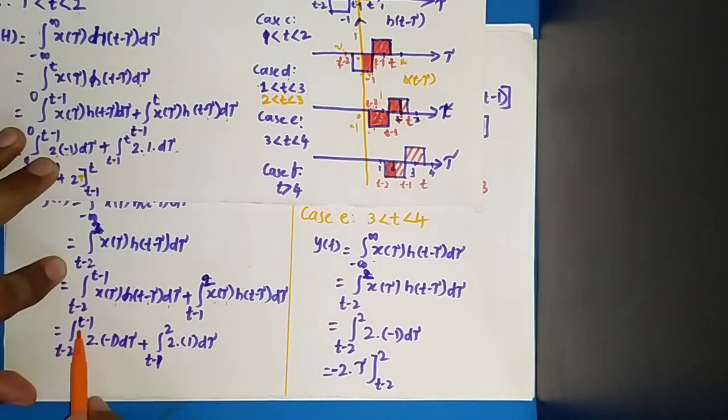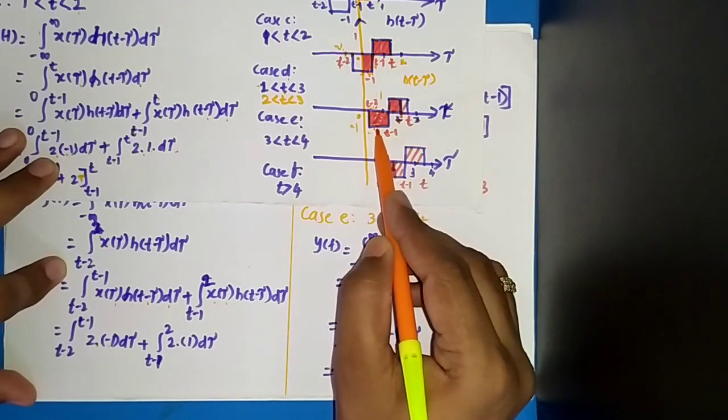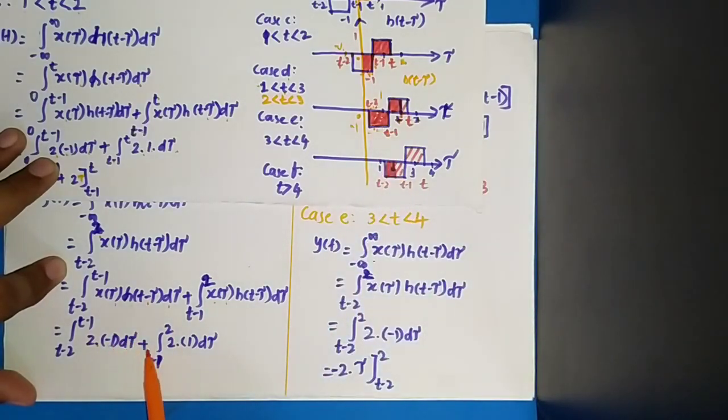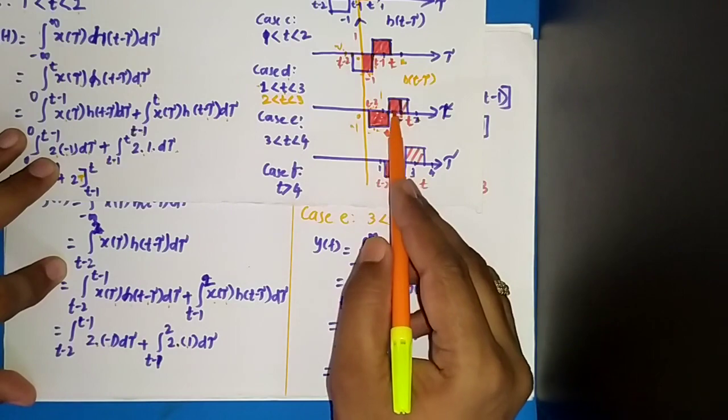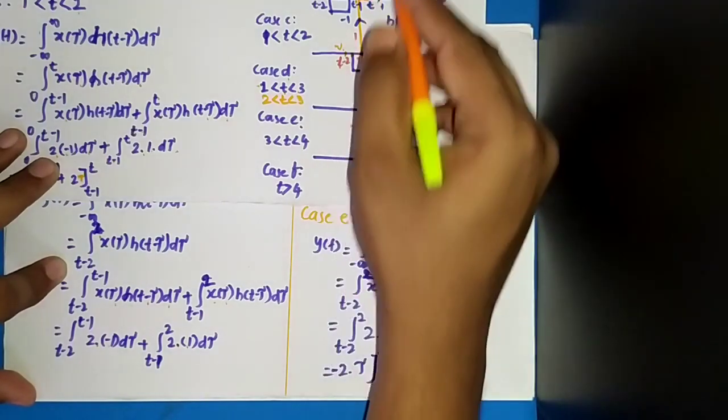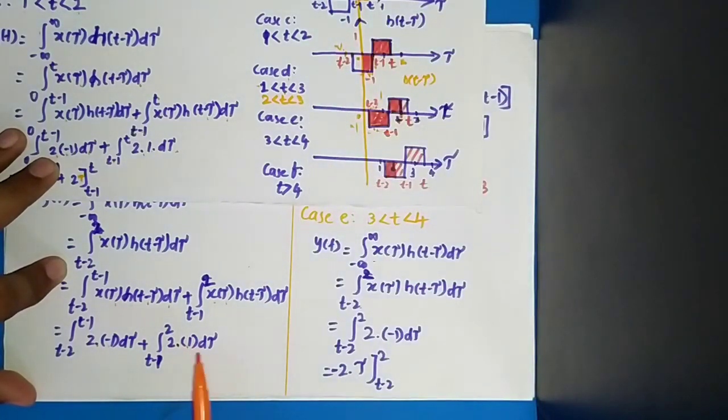Integral t minus 2 to t minus 1, 2 into minus 1, because this h of t minus tau is minus 1 here, so it will be d tau, plus integral t minus 1 to 2, here 2 and 1, because in this region the amplitude is 1 and amplitude of x is 2, that's why, okay.